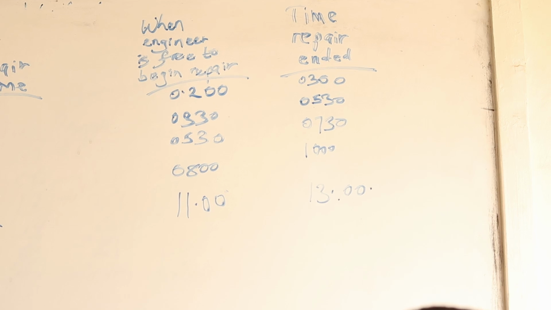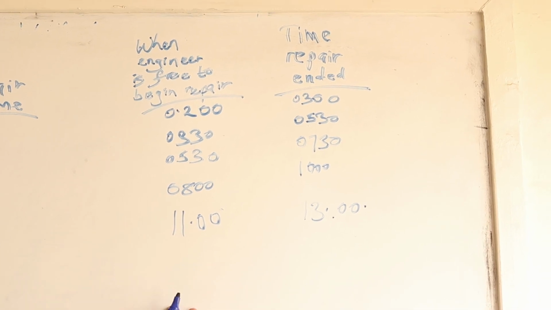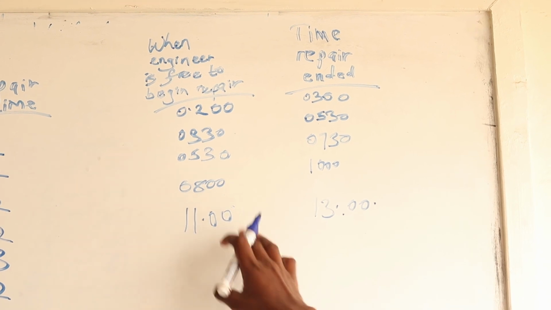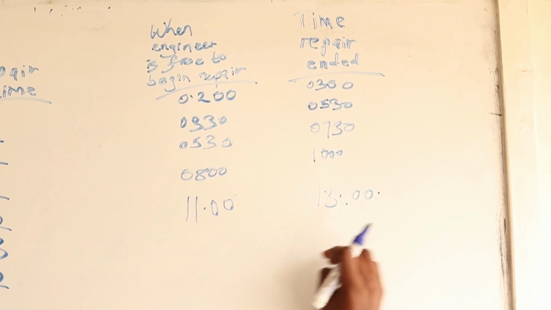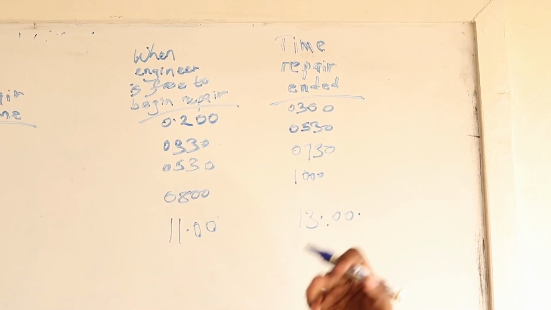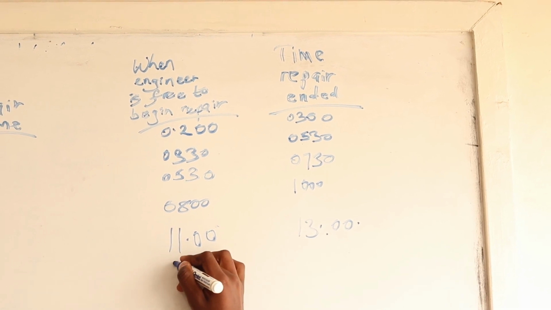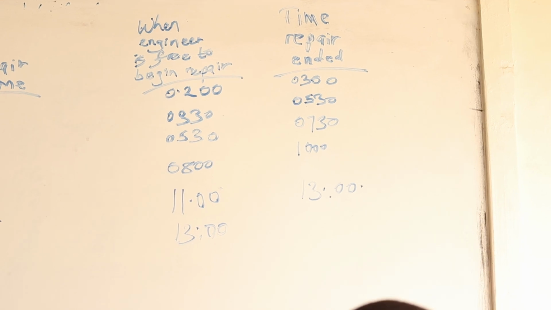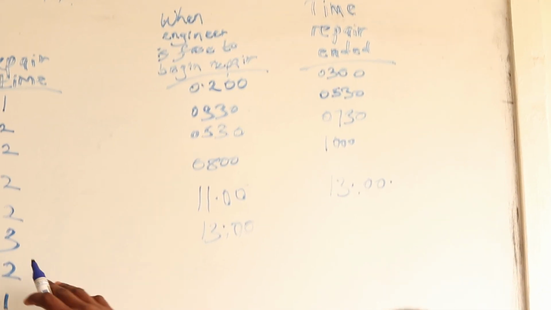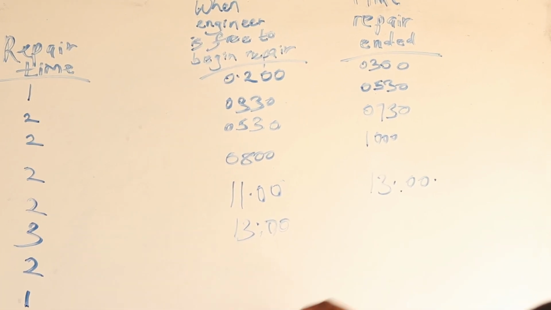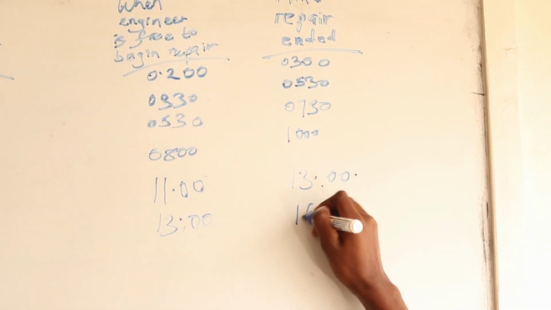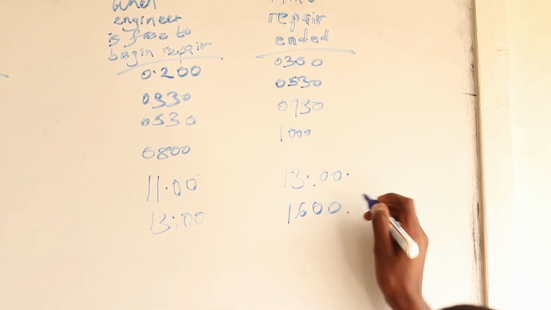So the repair will end at 13:00 hours. Then the sixth machine breaks down at 13:00 hours, and the engineer will be free to repair at that time because he ended the repair at 13:00 for the previous machine. So the engineer is free at 13:00 hours, and it takes him 3 hours to repair that machine, so we'll have 16:00 hours.